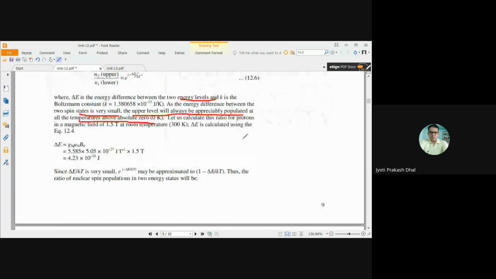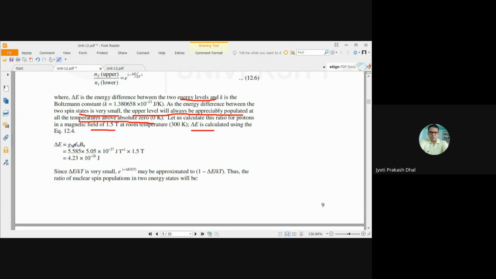Now let us calculate the ratio of the protons in the two spin states. Here we are taking the example of 1H1, that is proton, PMR, in a magnetic field of 1.5 Tesla at room temperature, meaning 300 Kelvin. Here we can calculate del E equals Gn mu n B naught.